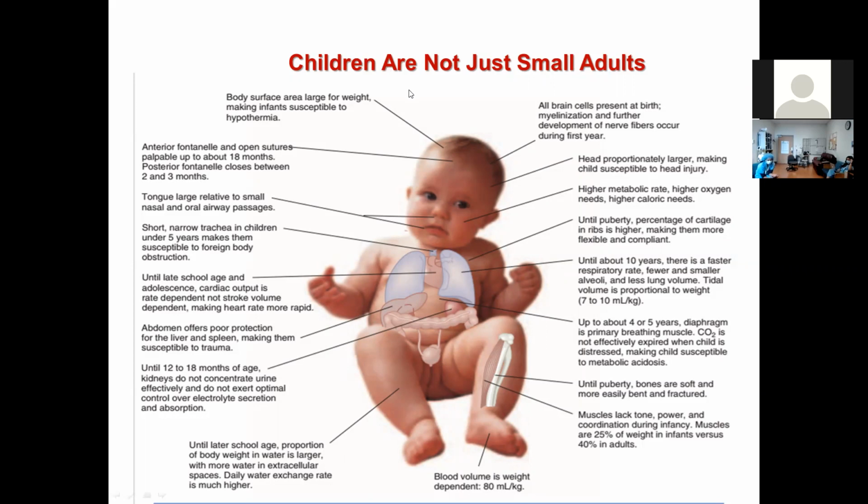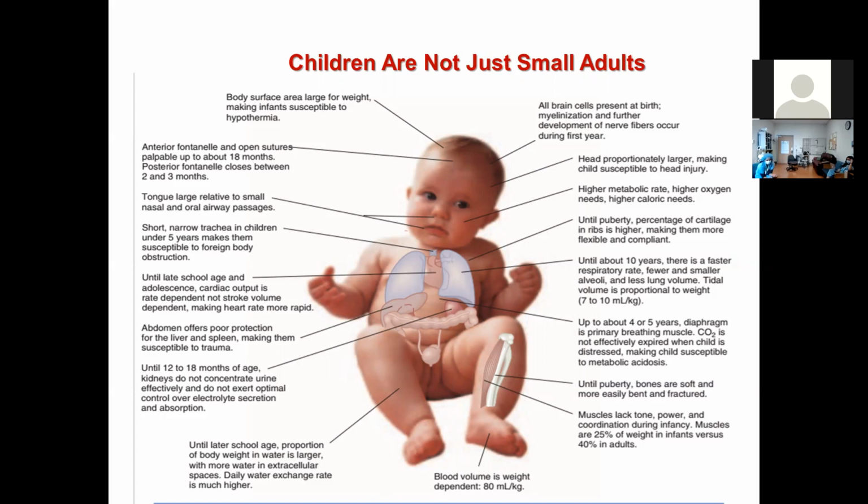First of all, kids have a large body surface area compared to their weight, and that in itself makes them very predisposed to hypothermia, especially a small infant. For those of you that have some experience in pediatrics, perhaps you've noticed that small infants are extremely sensitive to thermoregulation, and therefore they can get cold really fast.